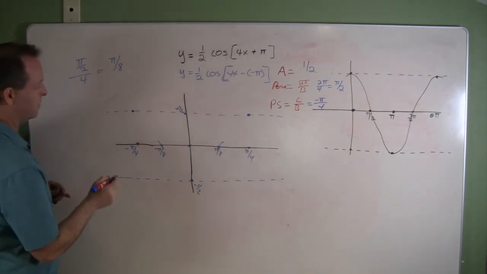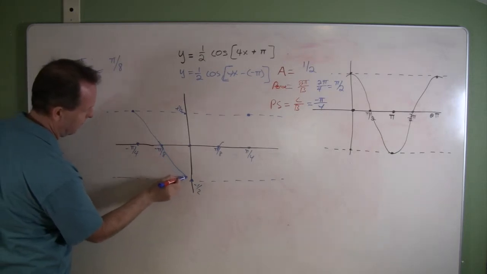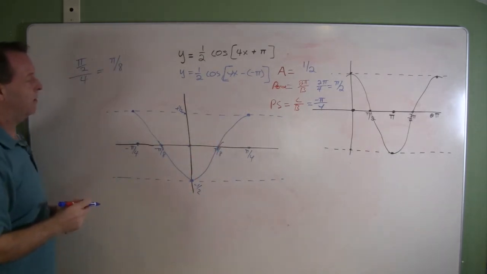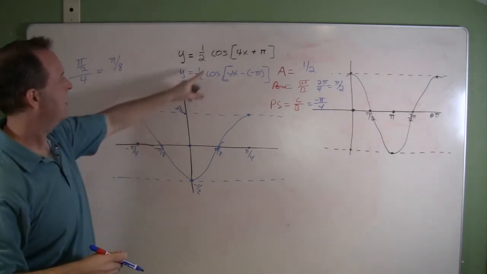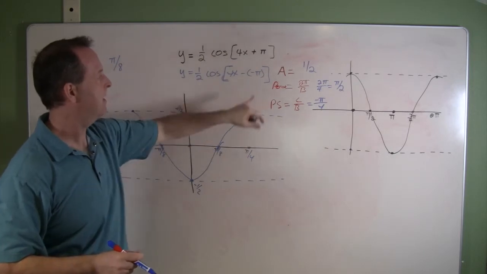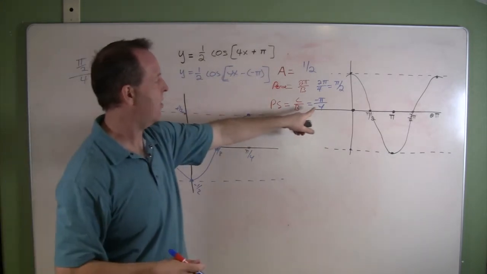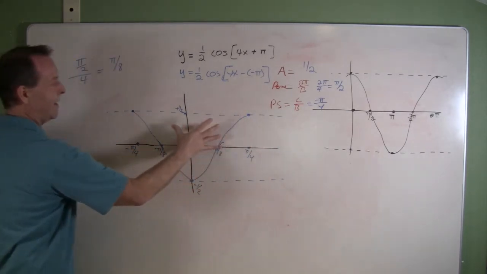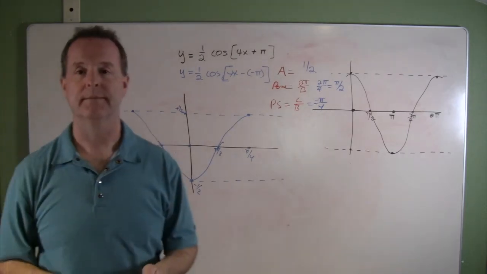So if I just smooth all those dots on out, there's my graph of 1/2 cosine of 4x plus pi, where the amplitude is 1/2, and I see that I have a phase shift that calculates out to be negative pi fourths. So I took my regular graph and I backed it up, or phase shifted it, by negative pi fourths.